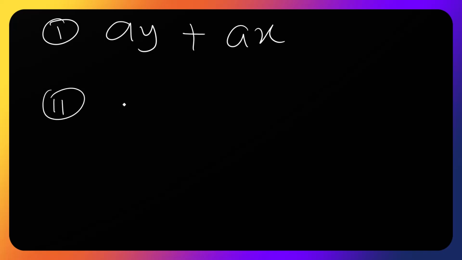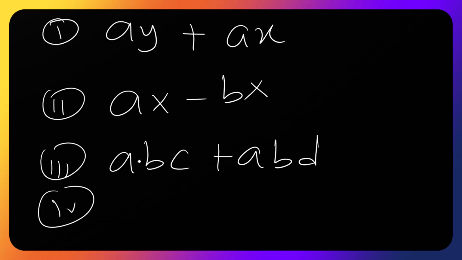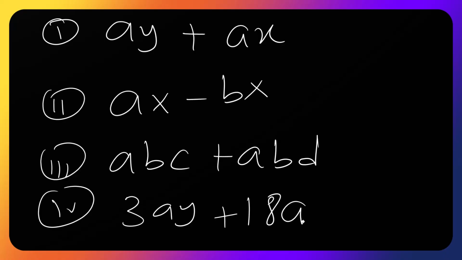So we have ay plus ax, minus bx, abc plus abd, and 3ay plus 18ax. Let's observe these carefully. How do we factorize them?